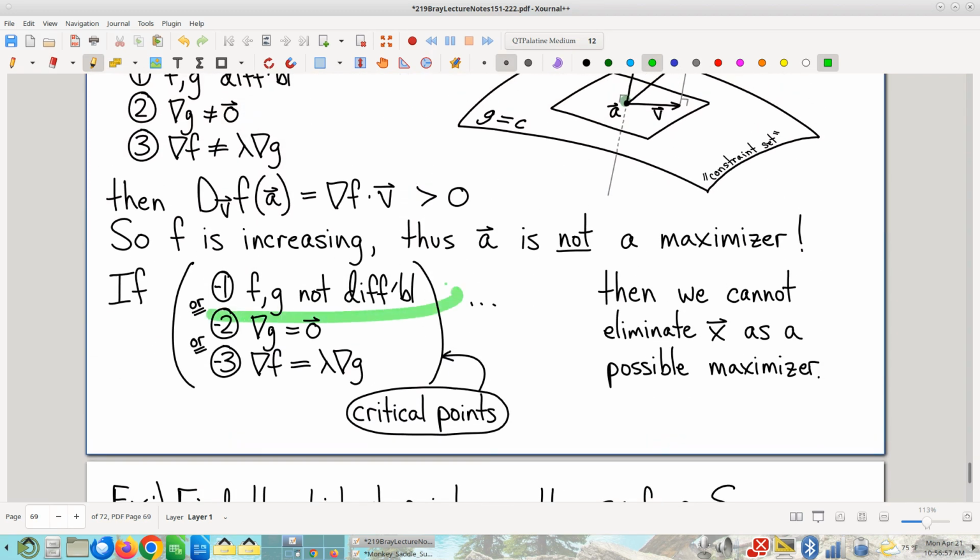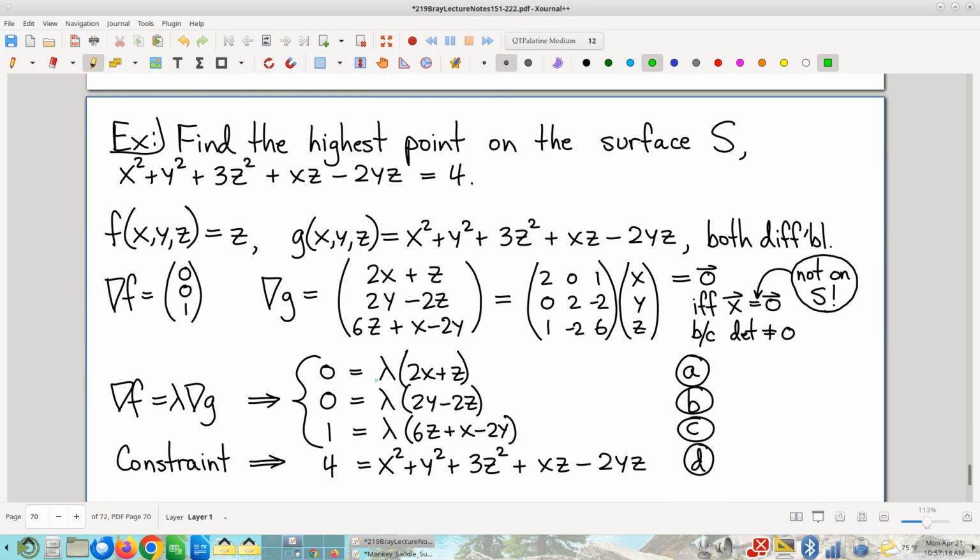I need to look for differentiability failures. I need to look for where the constraint gradient might be 0. And then I need to write down this weird equation right here, where I need the one gradient to be a multiple of the other gradient. We'll deal with that when we get to it. So, no big deal. These two functions are polynomials, both differentiable. So we've checked that differentiability condition.